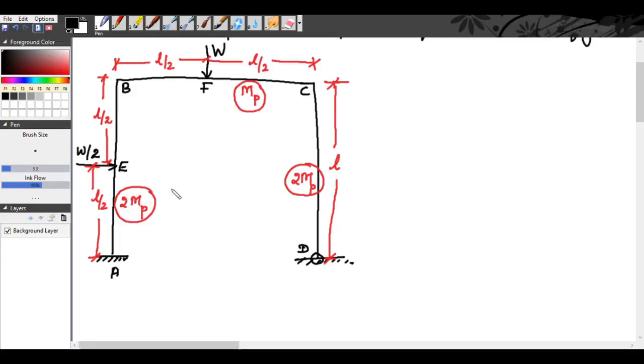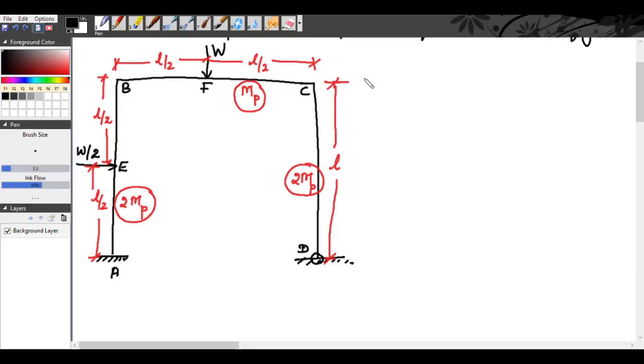You should not take 2 MP for the joints B and C. Even when you take the column AB, the joint B will be subjected to the plastic moment MP, not 2 MP. Similarly, when you take the column CD, the joint C will take the plastic moment MP. So you should remember that. Now we will move on to our problem.